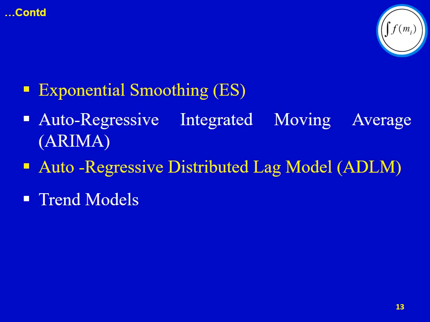In addition, linear trend models and growth curve. But ADLM is rarely used as a time series model. ARIMA is also used and has been successful for various pandemic situations.